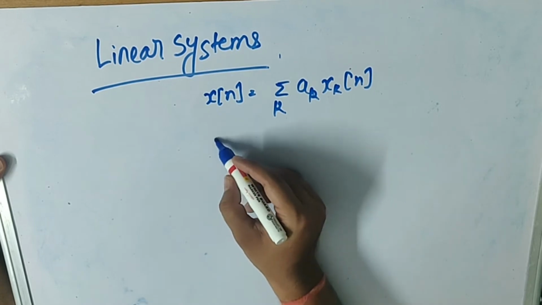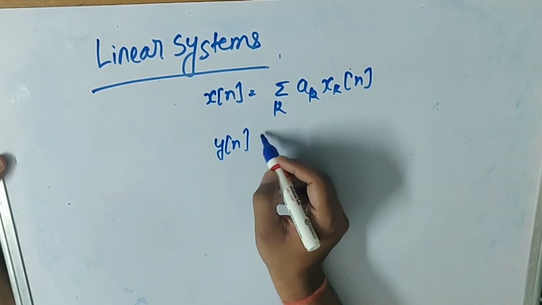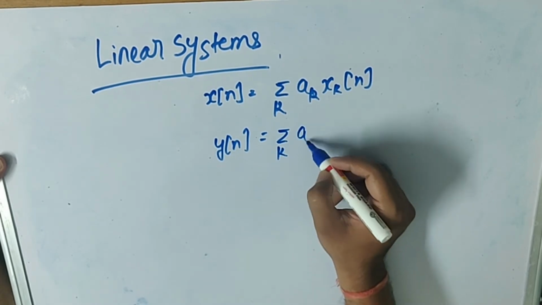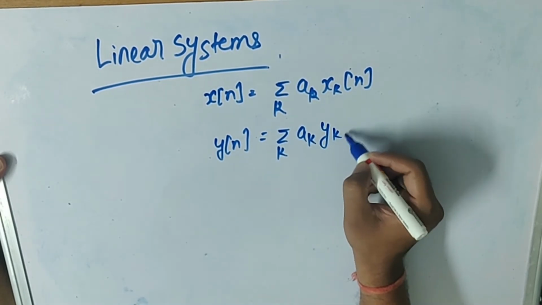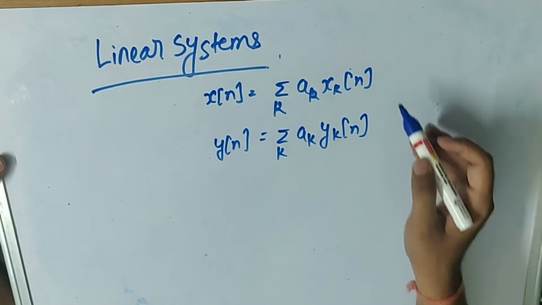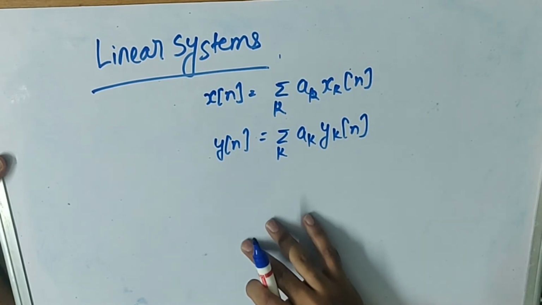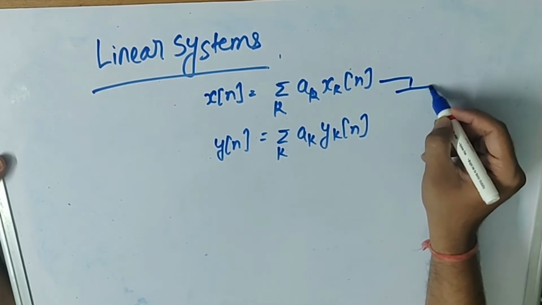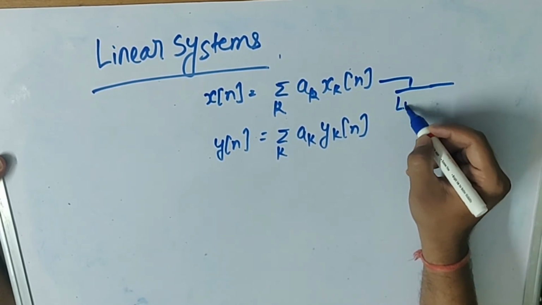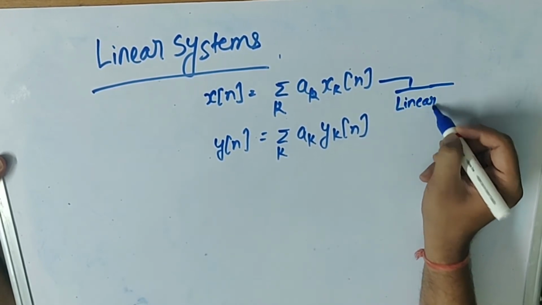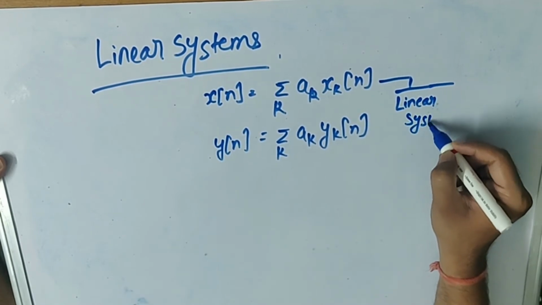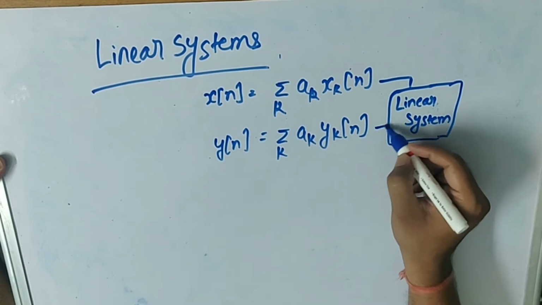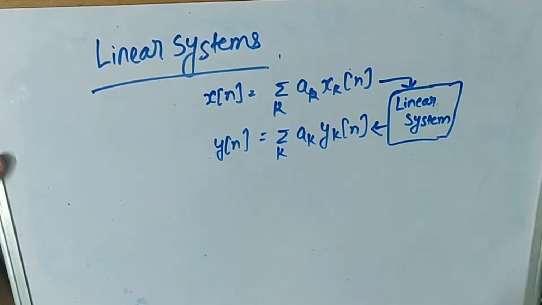In this way, the output will be, we can write like this. So the point to understand here is that if this is fed to a linear system, this will be the output.